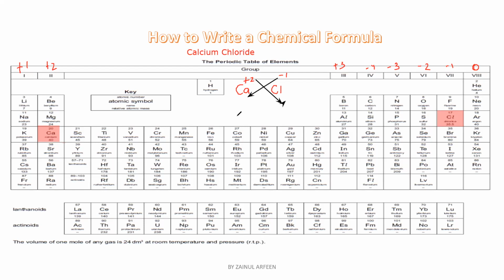The 1 of chlorine will come with calcium, and the valency of calcium will come with chlorine, so it will be CaCl2. That is calcium chloride.